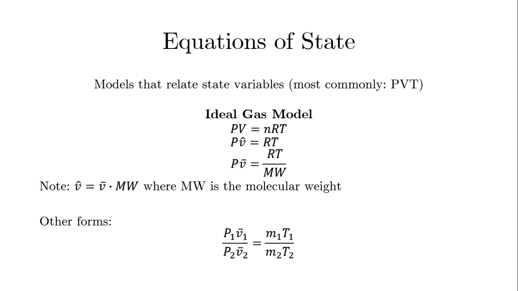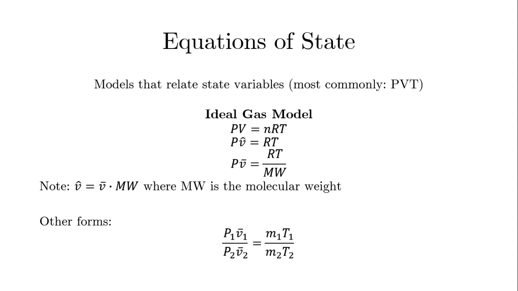There are two H's, so that'd be 2 times 1, and then one O, which is 16, so there's 18 molecular weight. The units for it would be grams per mole if we're using the SI system, or I could use pounds per pound mole, and I'll show you that in a second.